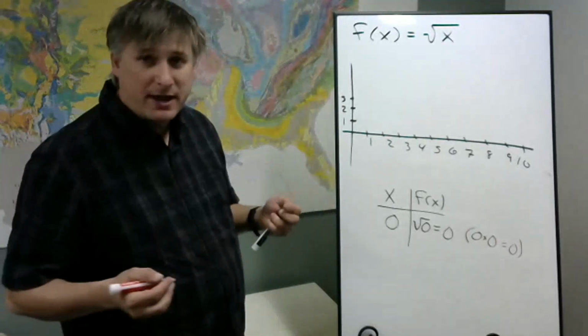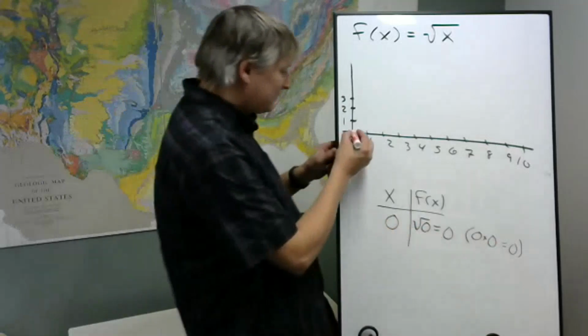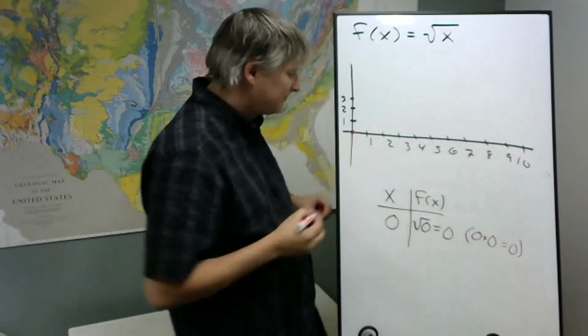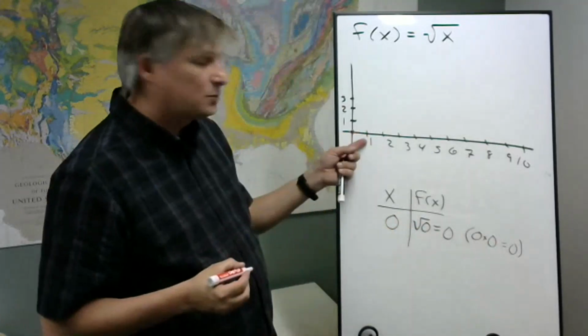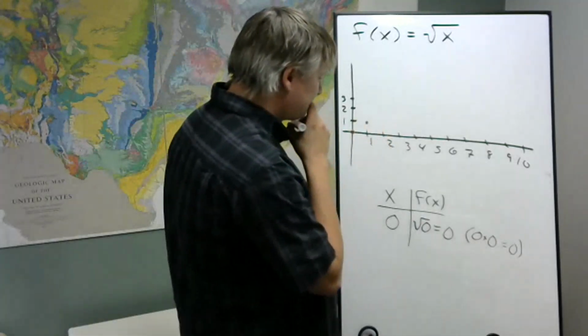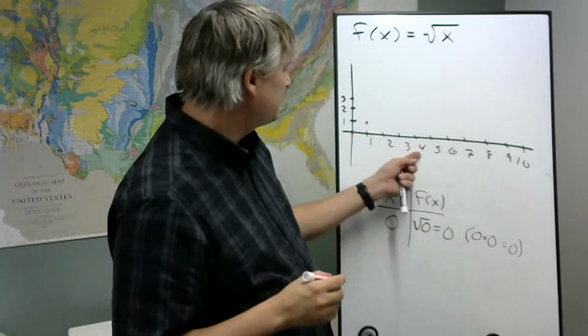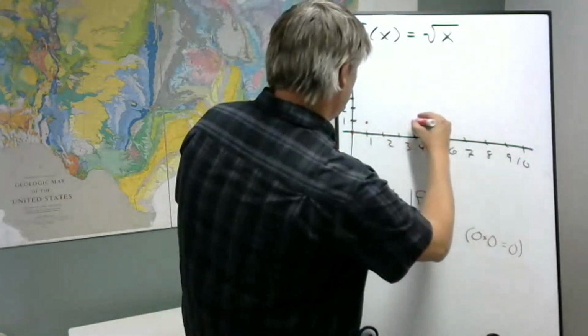So the points that we have: x is 0, f of x is 0. Got this right here. And then we had x is 1 and f of x is 1, because the square root of 1 is 1. And then I jumped out to x is 4. When x is 4, the square root is 2.